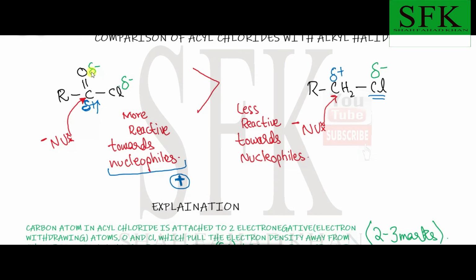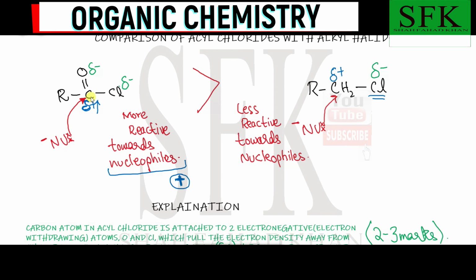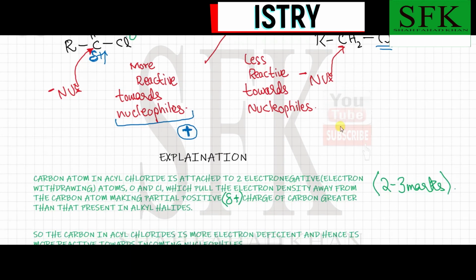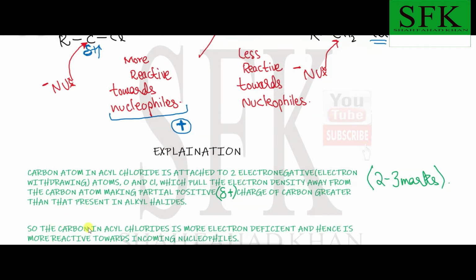So the partial positive charge in acyl chlorides is more than the partial positive charge in alkyl halides, and so the carbon in acyl chloride is more electron deficient. This is a keyword. It's better to use it, and hence it is more reactive towards incoming nucleophiles.